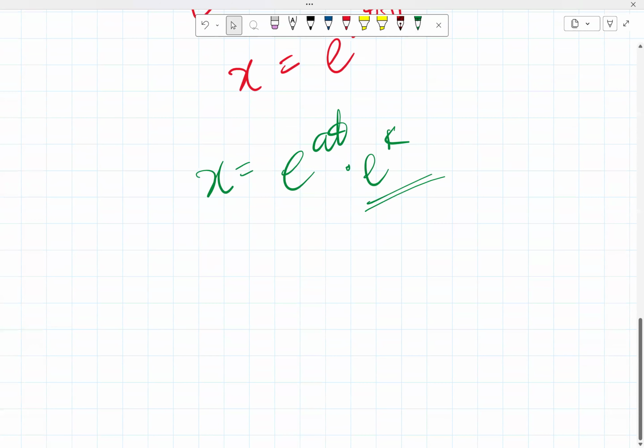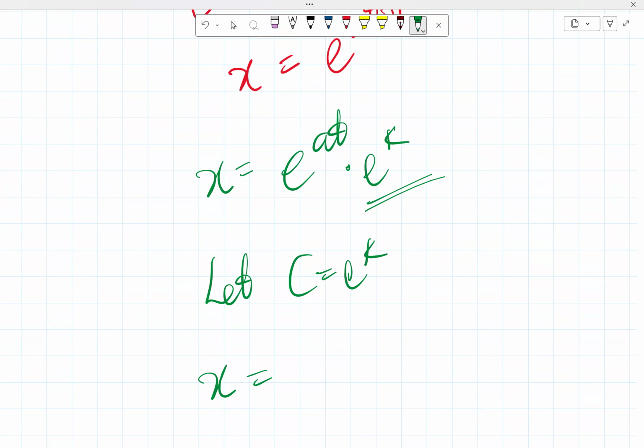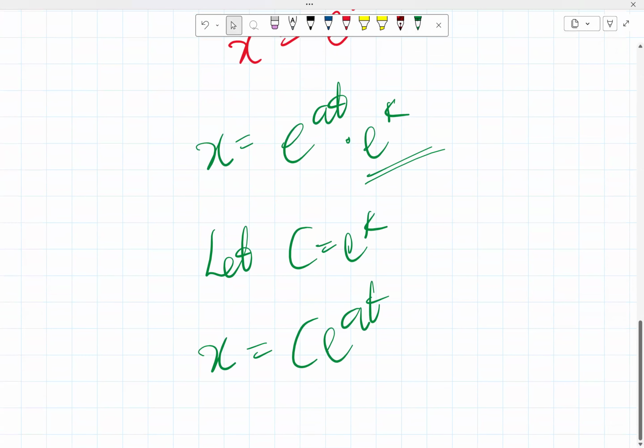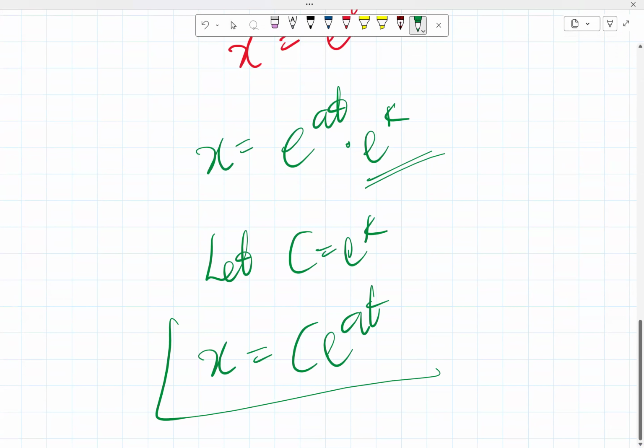So if you let c be e raised to the power k, or call it anything you want, x now is equal to c e raised to the power at. But of course, if you want to get rid of this constant, you need initial conditions. If you don't have an initial condition, you can leave it in this general form.